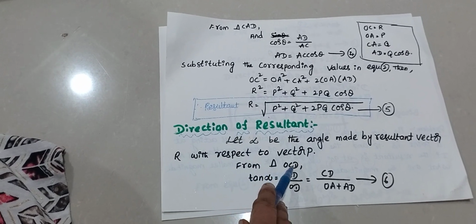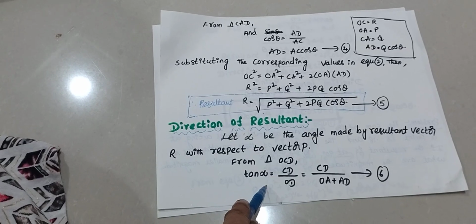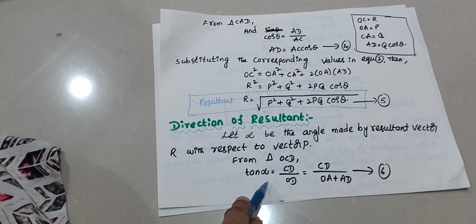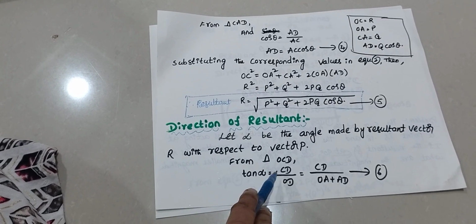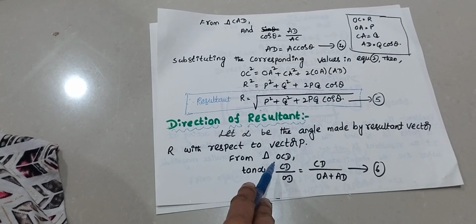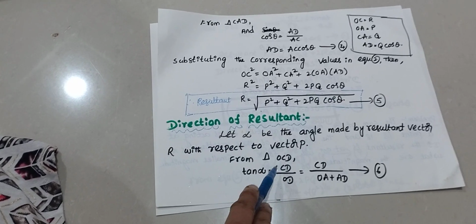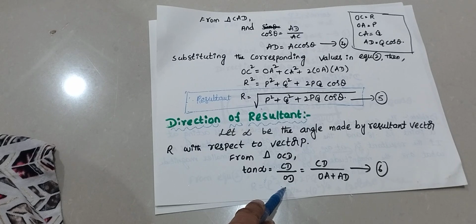From triangle OCD, tan alpha is equal to, what is the formula for tan alpha? Opposite side by adjacent side. Opposite side is CD, adjacent side is OD.